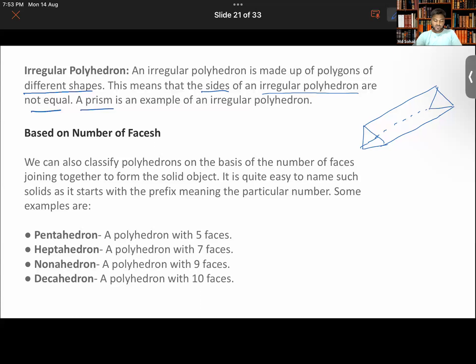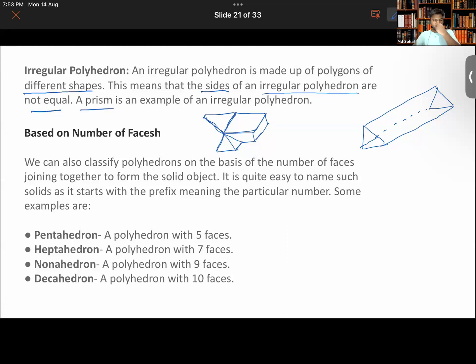For example, if I were to draw a figure like this. Imagine it's a 3D figure, but does it look like a regular polyhedron?